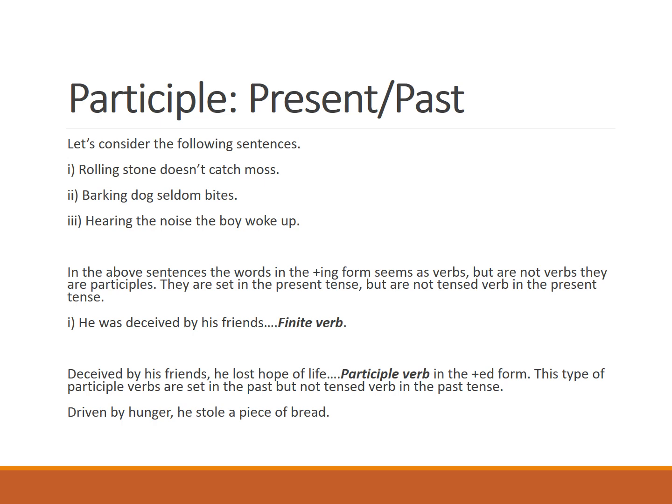Here we add ed to deceive: a simple word, and deceived we add ed form. This type of participle verbs are said to be in the past but are not tensed verbs in the past tense.